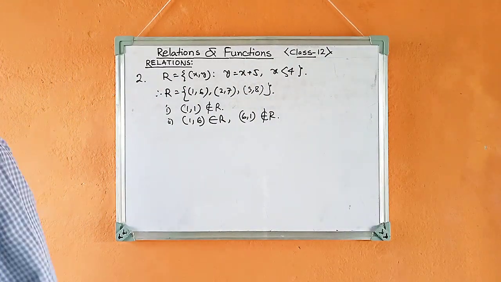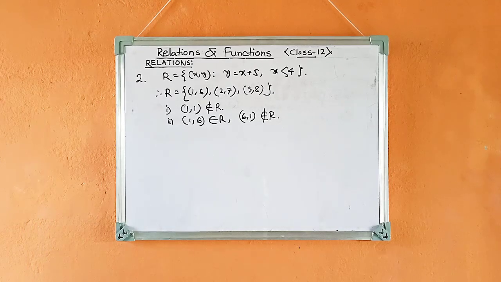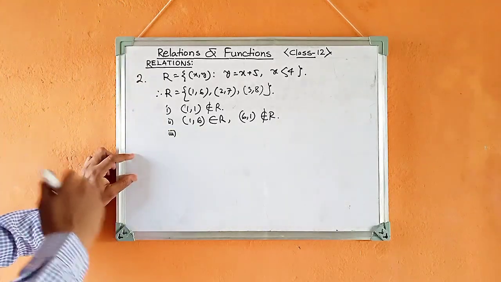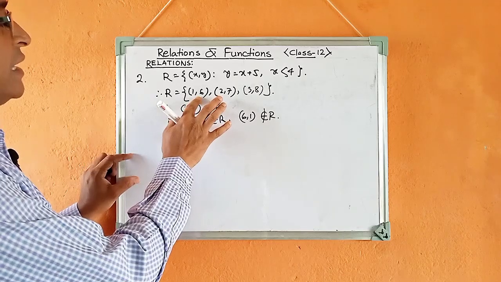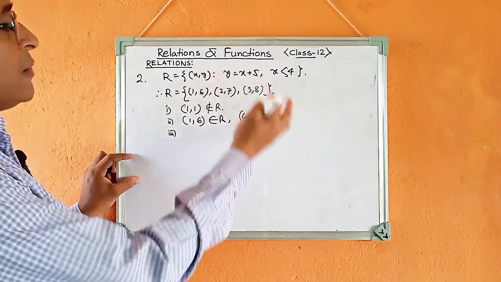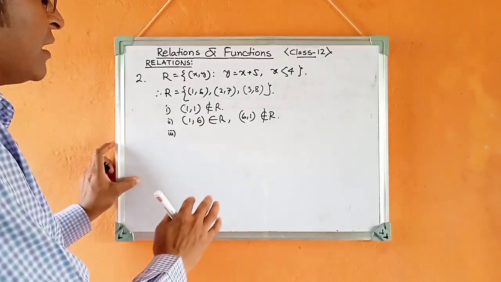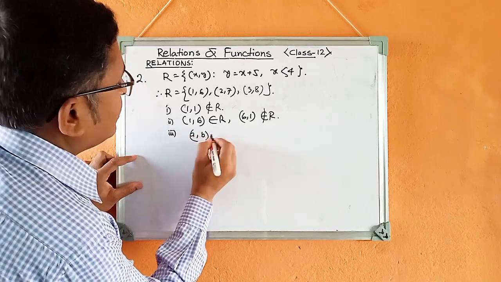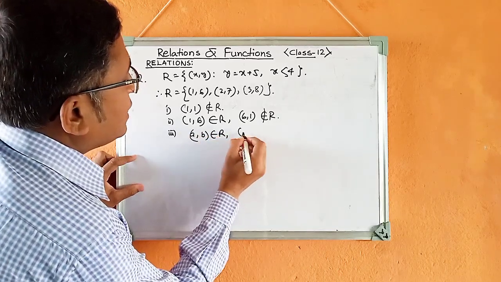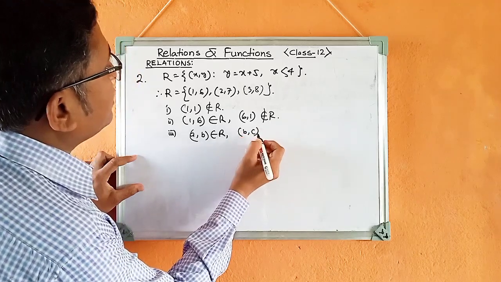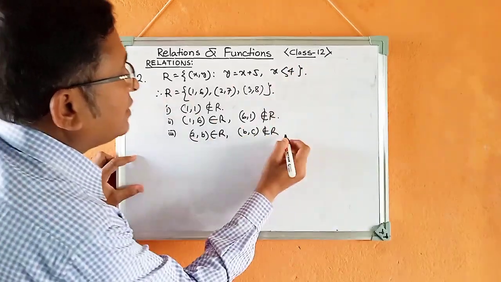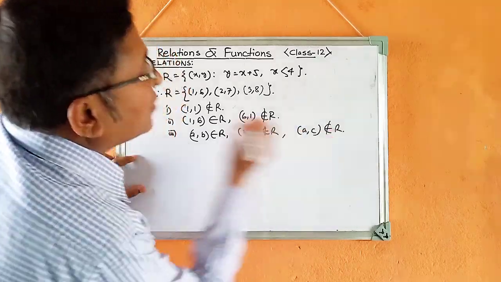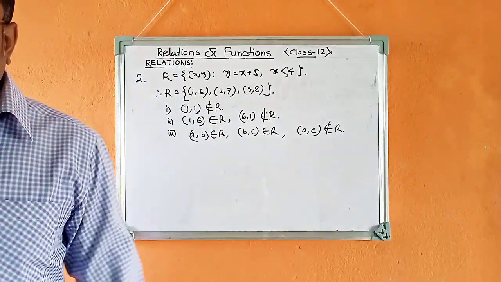Now come to the third one. Is the relation transitive? Check part 3. See, 1 comma 6 is in relation R, but 6 comma anything is not in R. See carefully, A comma B belongs to R, B comma C does not belong to R, and A comma C also does not belong to R. That means this relation is not transitive.